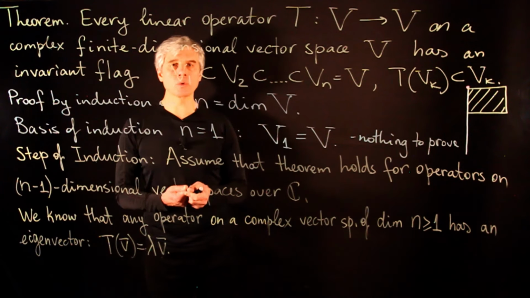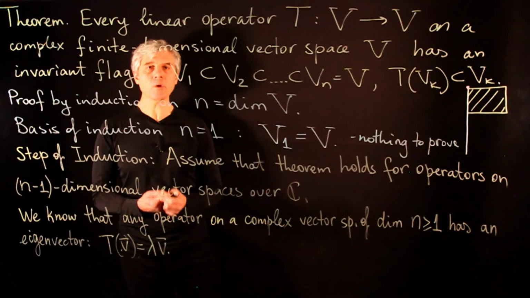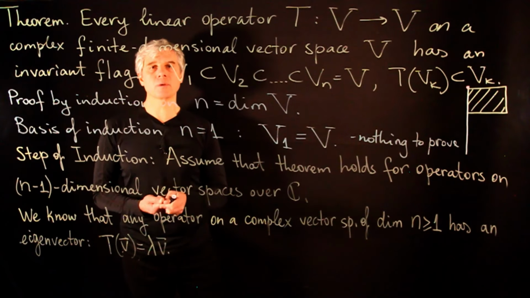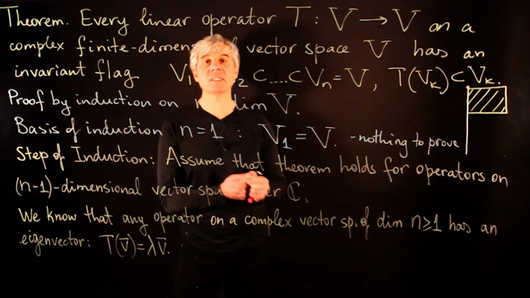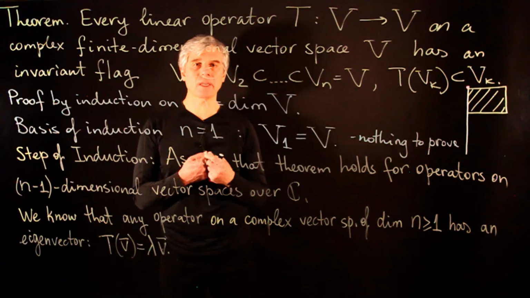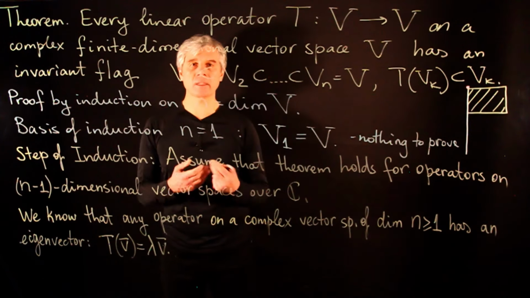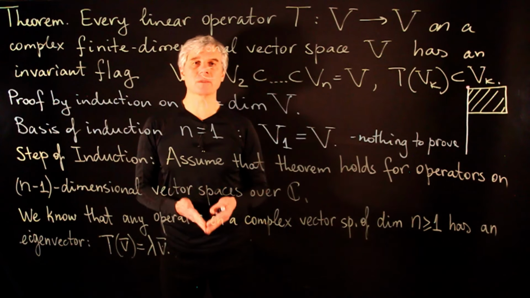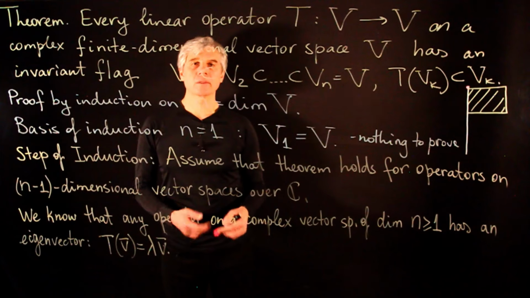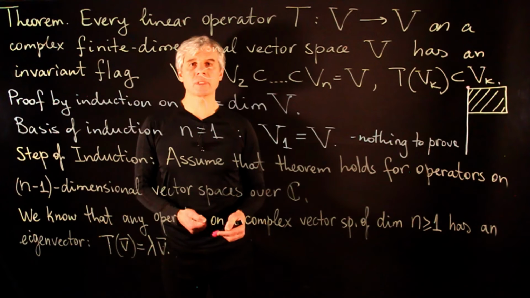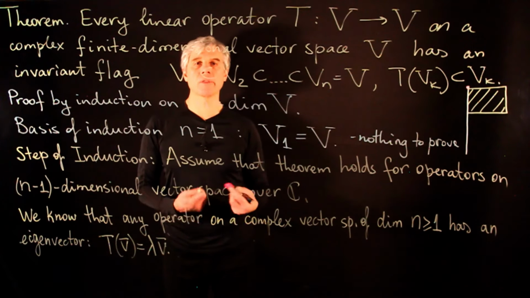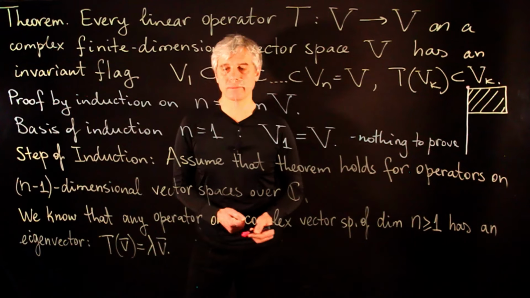Once we get a root lambda, then we know that determinant of A minus lambda I will be 0. And thus, there will be a vector in the null space of A minus lambda I. And this vector in the null space will be our eigenvector that we seek. So this result is a consequence of a fact about the roots of complex polynomials.